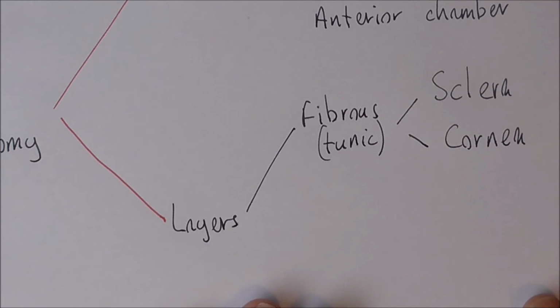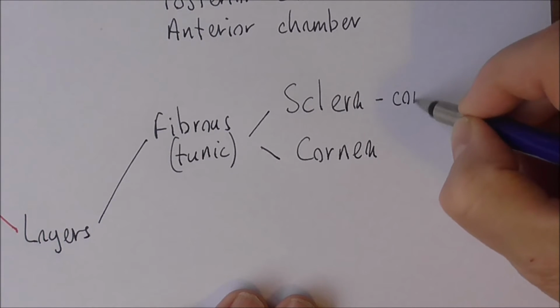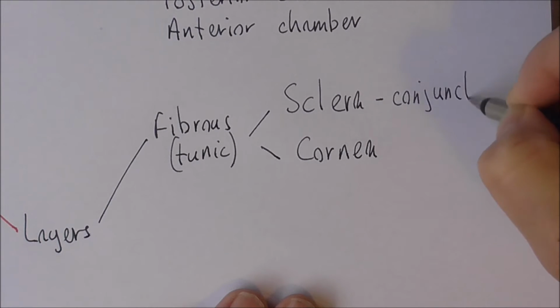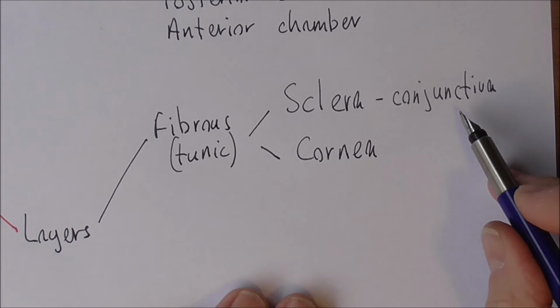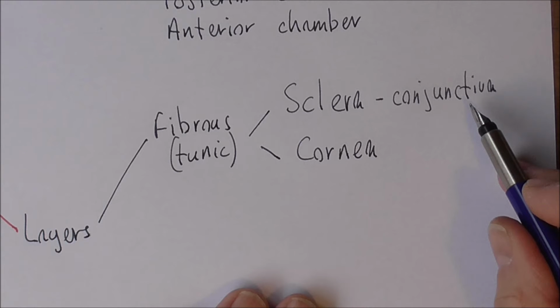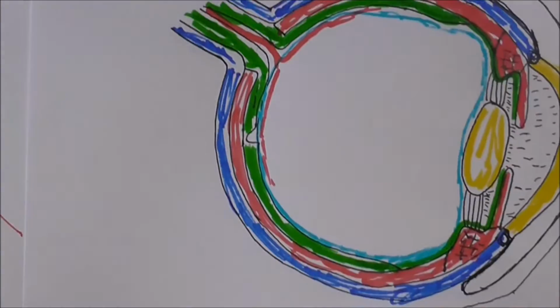And external to the sclera we have the conjunctiva, also lining the inside of the eyelids. So these are all part of the fibrous layer, and we can see that on this diagram.